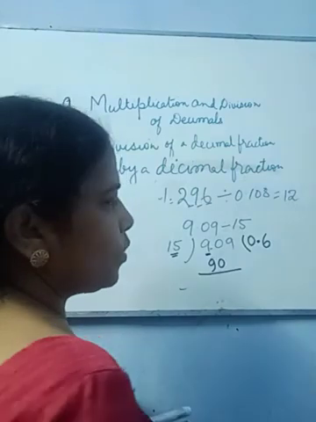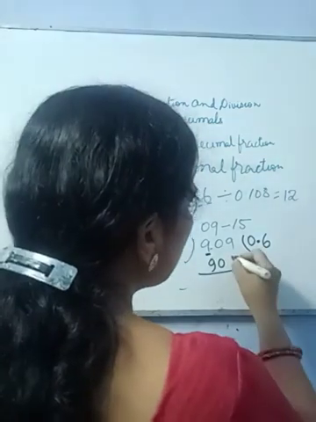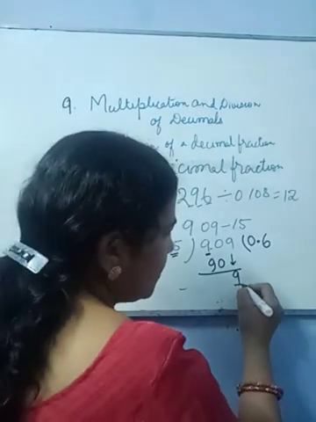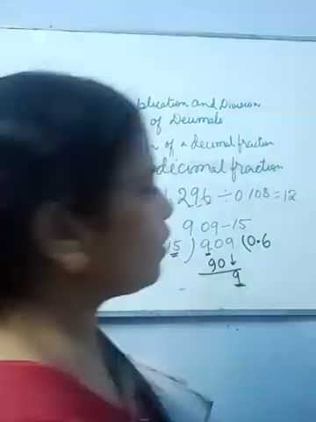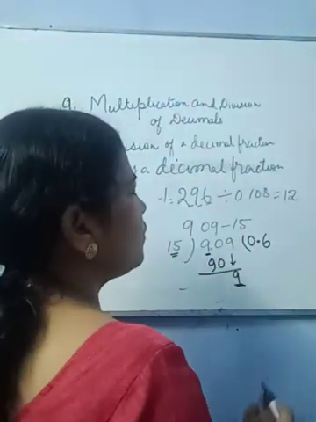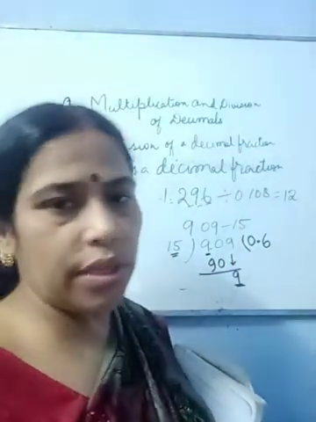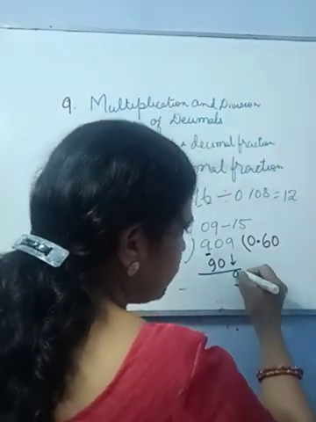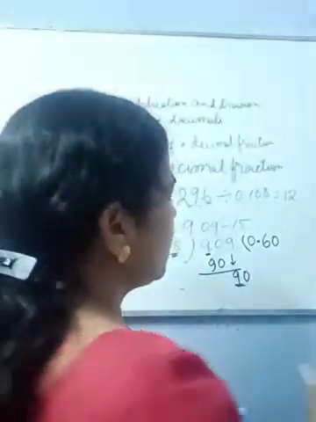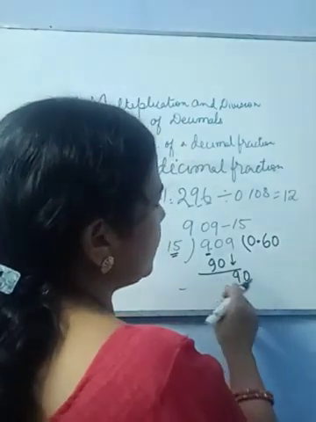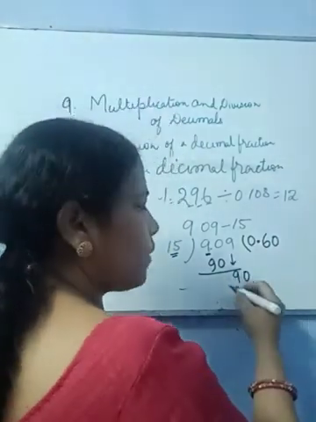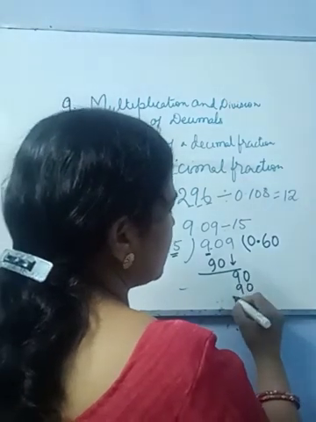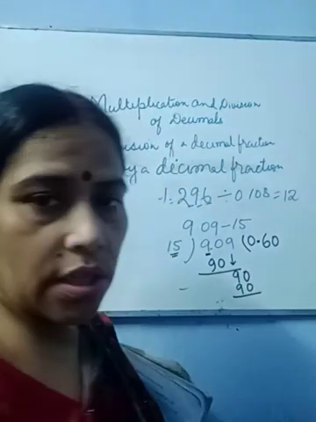Now what are we going to do? Now this 9 we will bring down. Is 9 divided by 15? No. Now 9 is not divisible by 15. Now we are not going to take the point. We will just write 0 over here and put one more 0 here. Now we will divide this 90 by 15 again. We will find that 90 is divided by 15, 6 times.